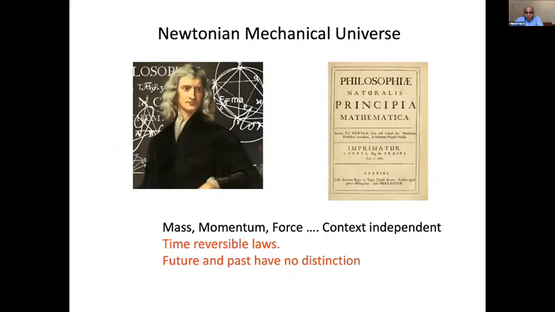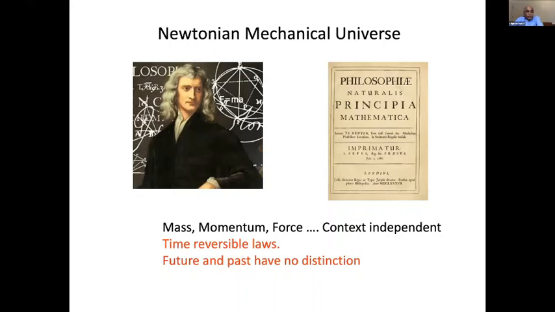So a very quick few slides on the distinction between mechanics and thermodynamics. Mechanics, of course, has its origin in Newton, Leibniz, and others, Laplace, Lagrange. It has these concepts of mass, momentum, and force. And the laws of mechanics are time reversible.